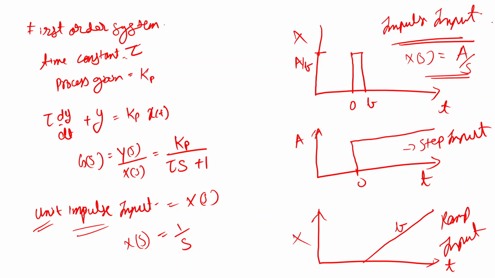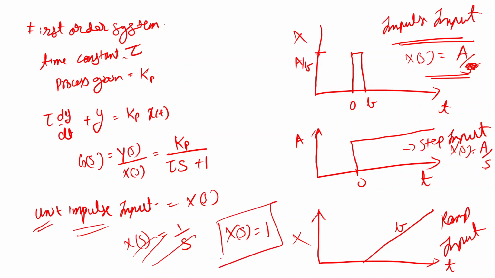In case of an impulse input, X of s is straight away a, and in case of a step input, we write X of s as a upon s. So in this case, the input transform, that is X of s, will be 1.